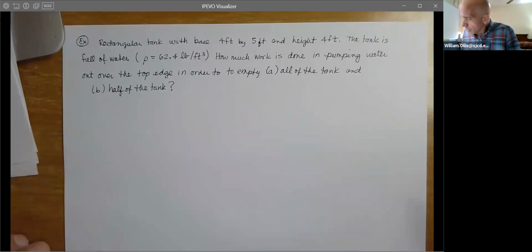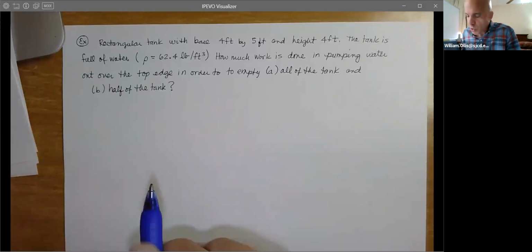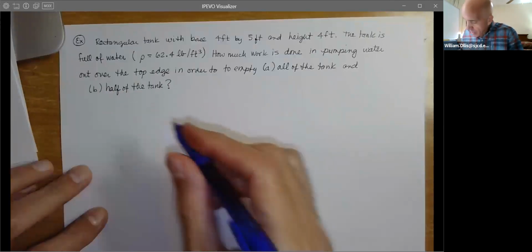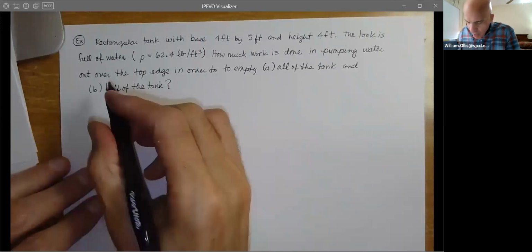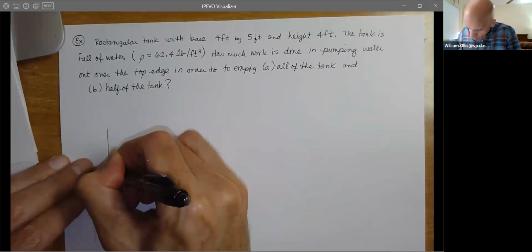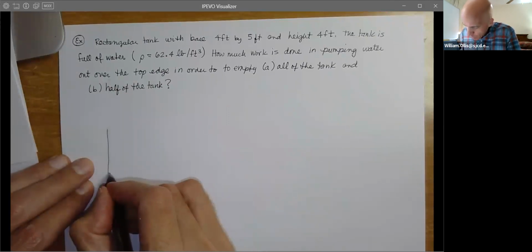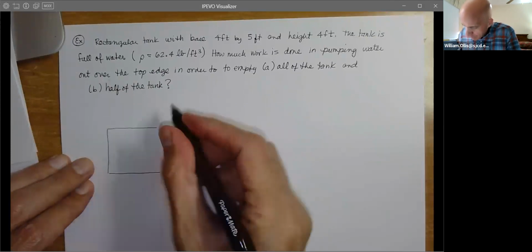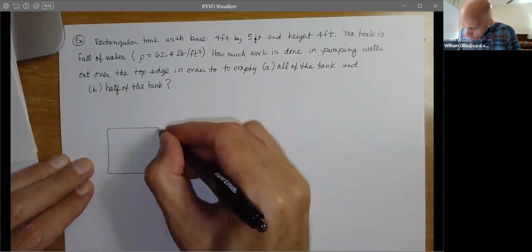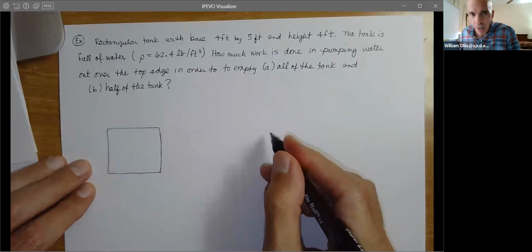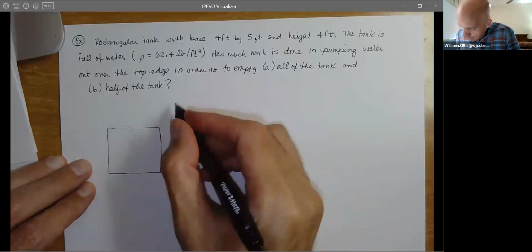This is where you get to be very flexible. Let's go ahead and draw a box. It doesn't have to be perfect. Then we can add an axis to make the problem numeric for us.